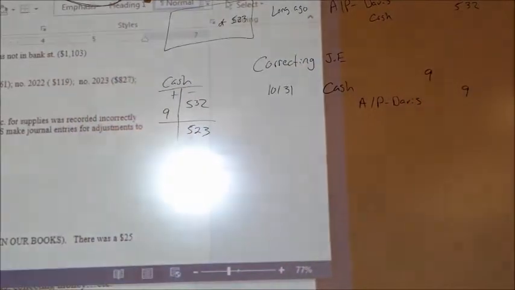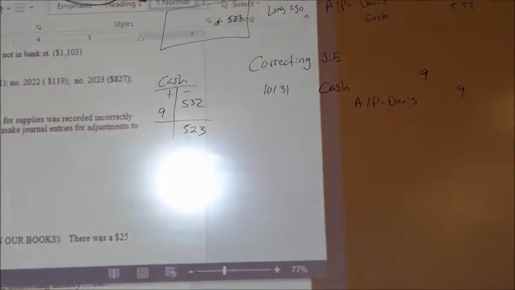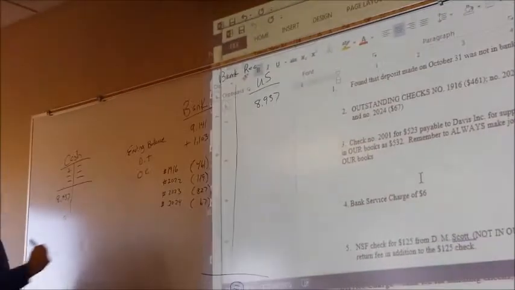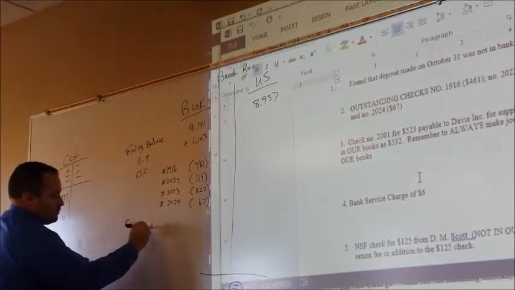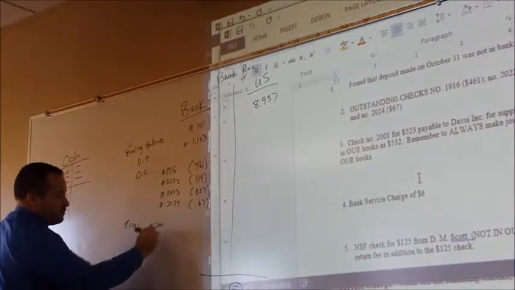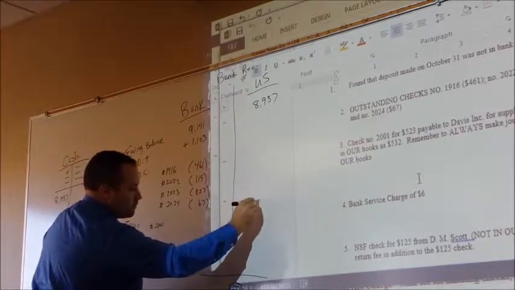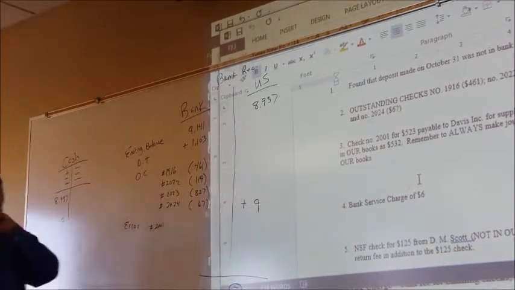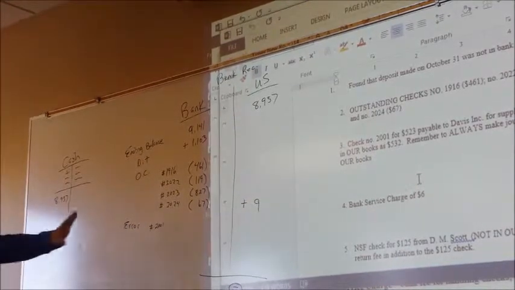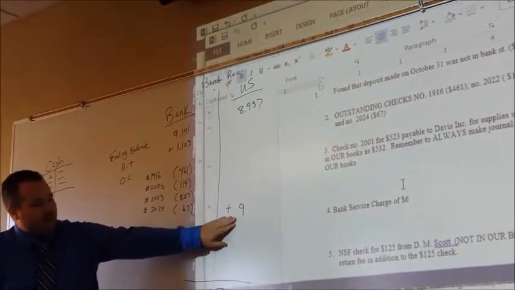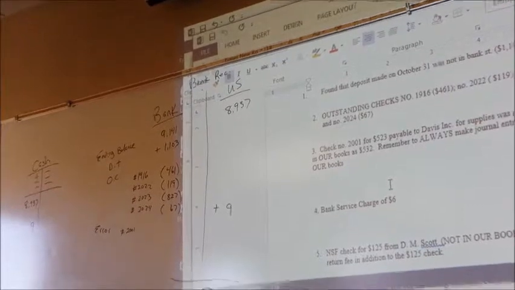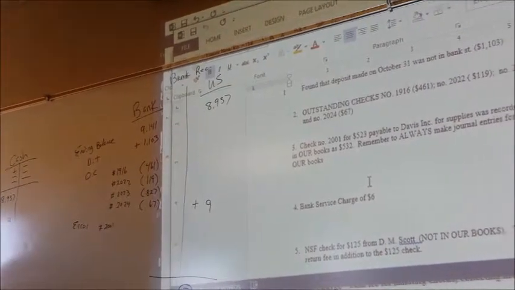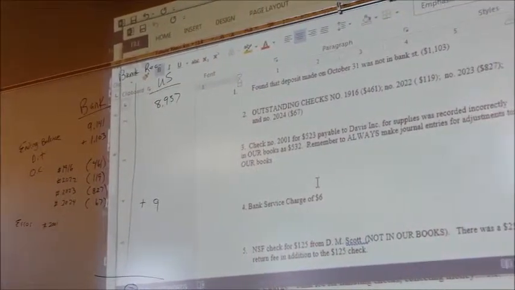I took off too much in my incorrect entry. And I'm going to note that here on my bank rec. I need to add $9 to my total, because I didn't really spend that much.